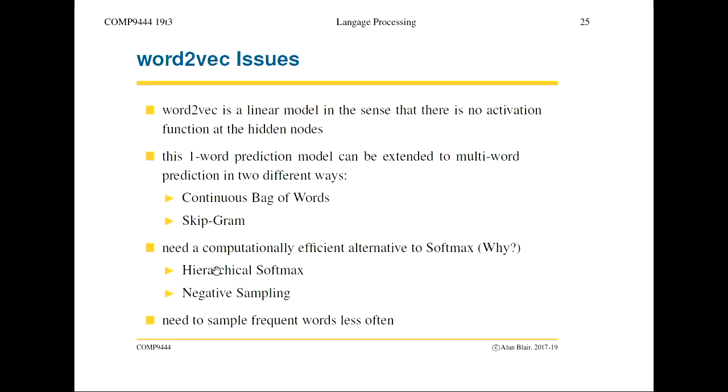So we need a faster way of doing this, and we're going to talk about two fast ways of doing this, which are called hierarchical softmax and negative sampling. And there's this issue about sampling frequent words less often. So there are a few little tricks here that people have played around with to try to get the best performance out of the system.